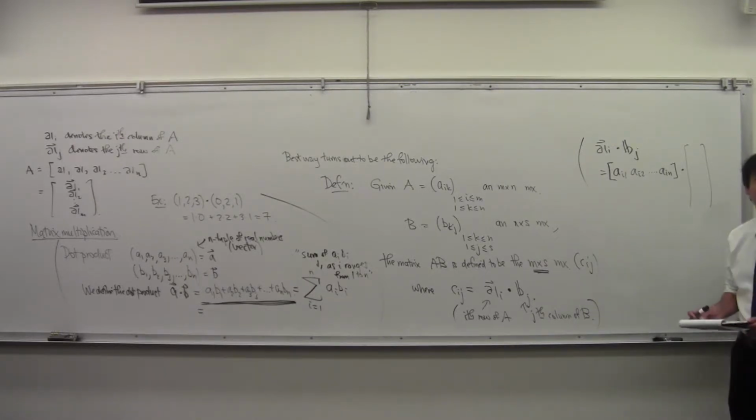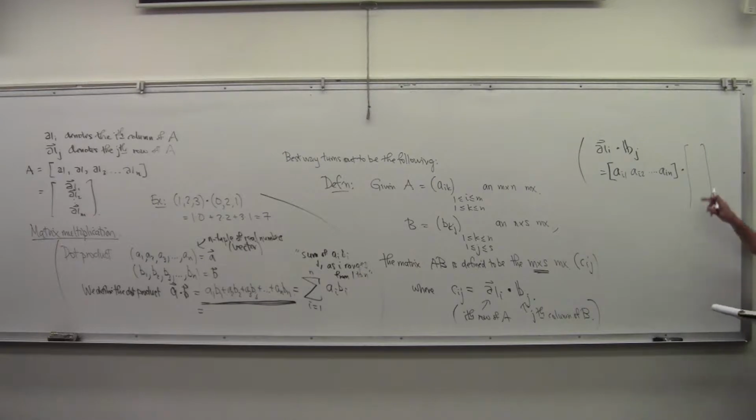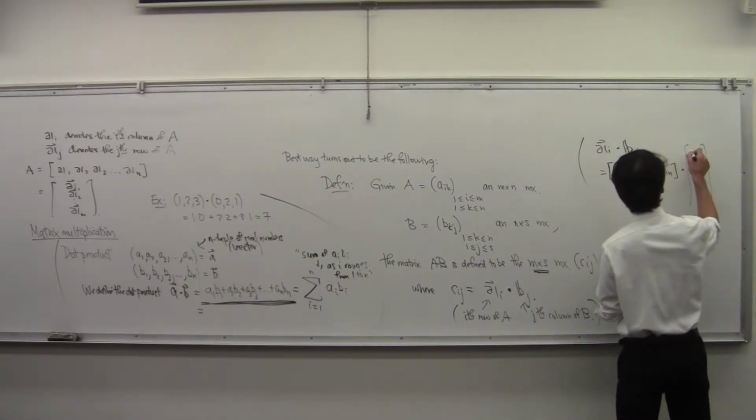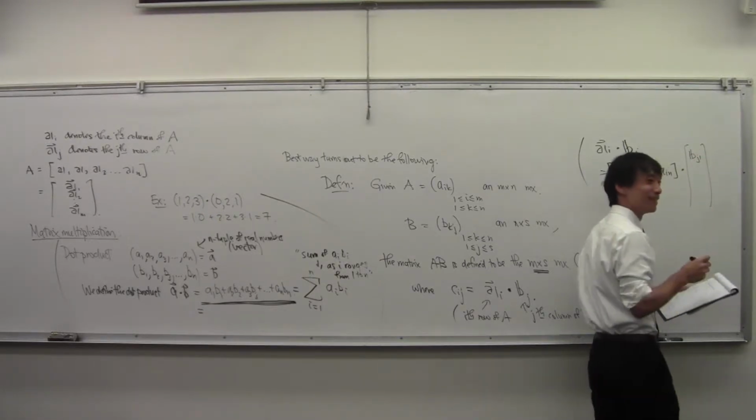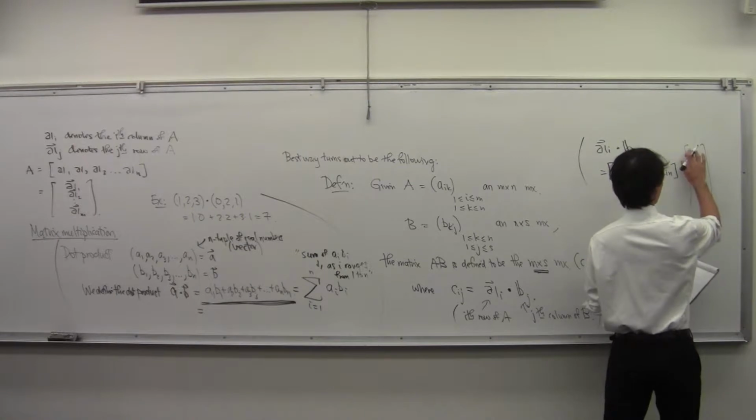Okay, Reed, you were first. What do I write here? B_j1, or bold B, j1. Actually, the bold B, that's the row.